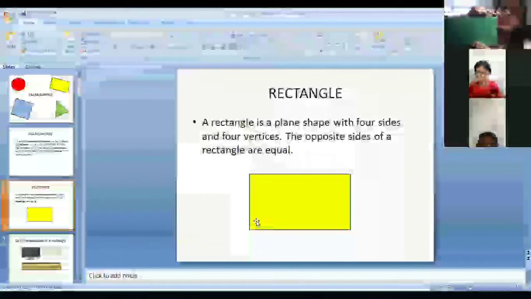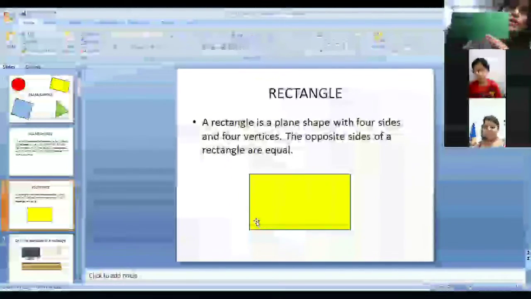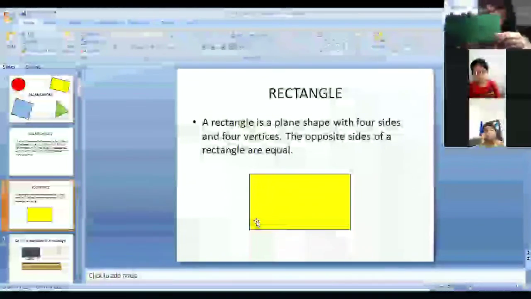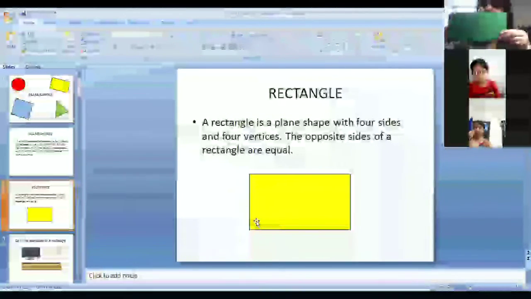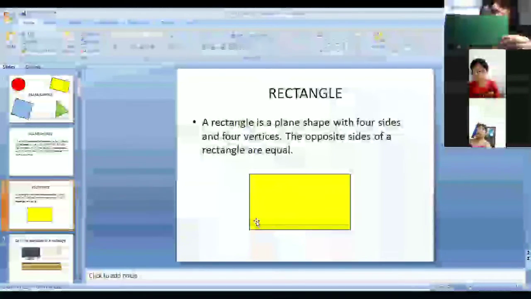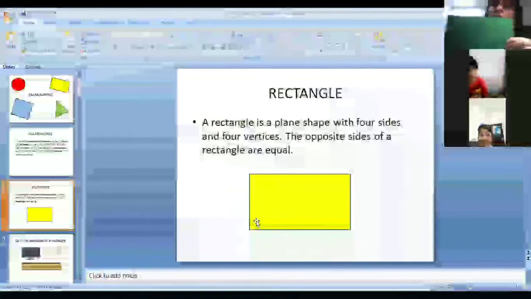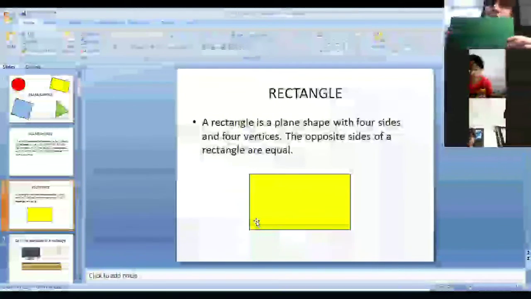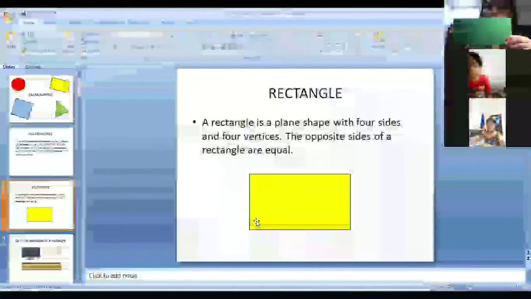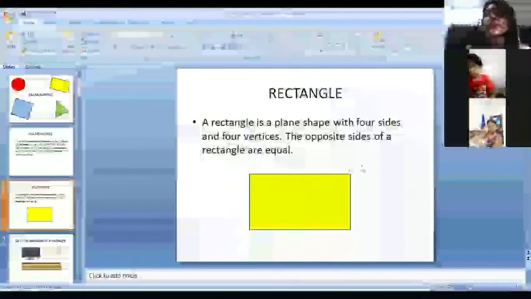And four vertices, meaning corners: 1, 2, 3, and 4. And opposite sides, please look at it, children. This opposite side, this one and this one are equal, and this side and this side are equal. So this is a rectangle.